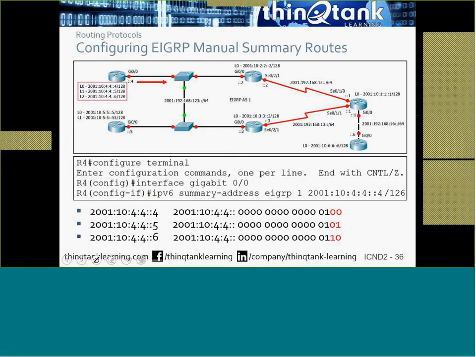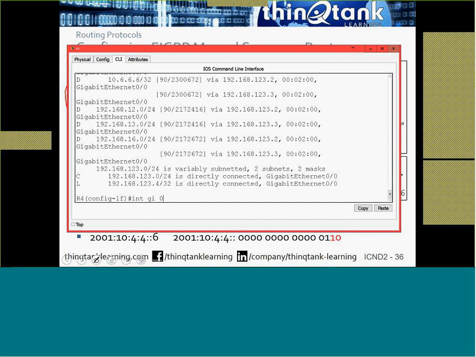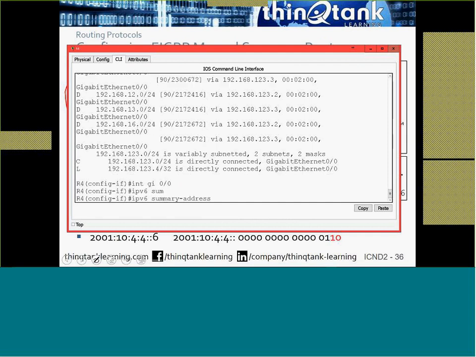What about IPv6? Well, it's exactly the same thing. We've been kind of repeating ourselves on that, right? If I want to summarize those IPv6 routes, I simply go into router 4, go into interface Gi0/0, ipv6 summary-address eigrp 1.